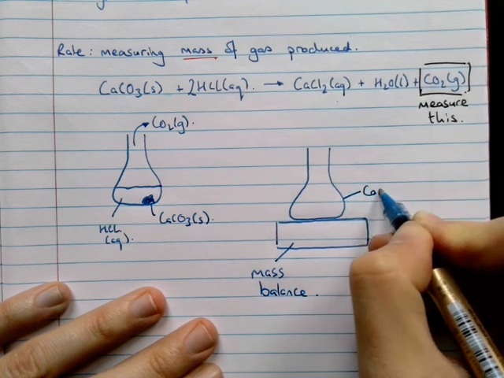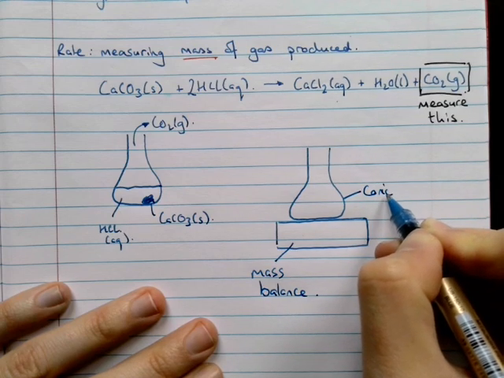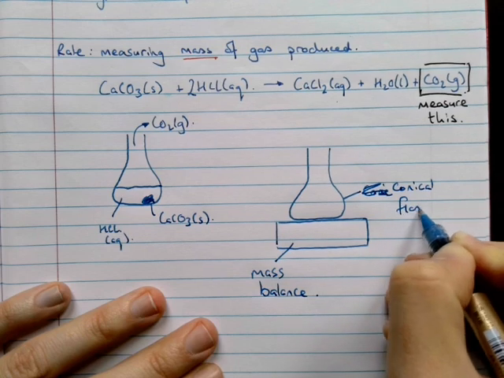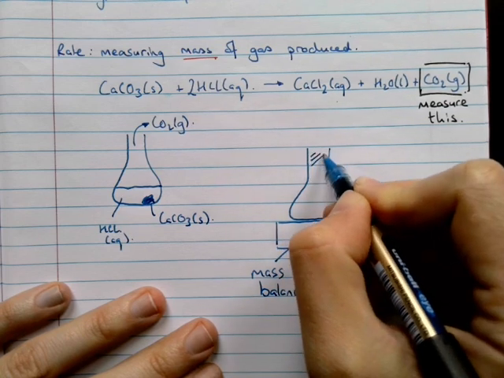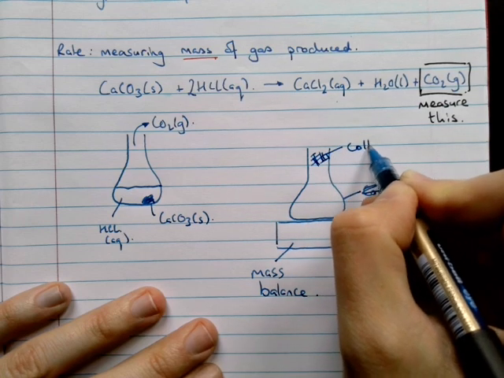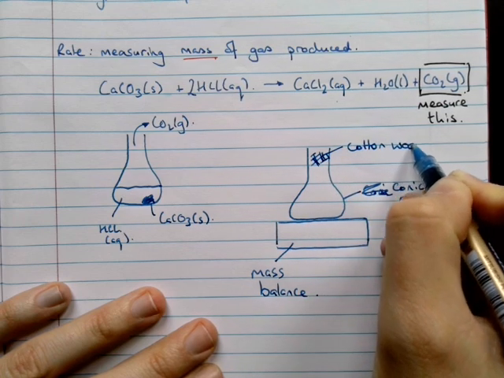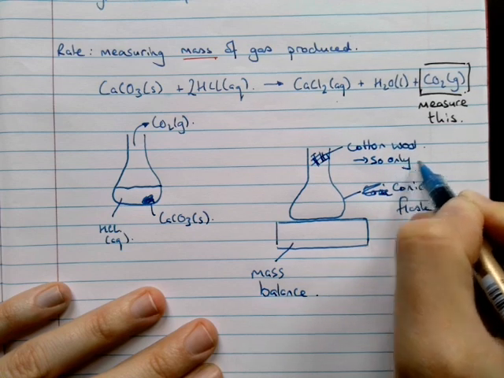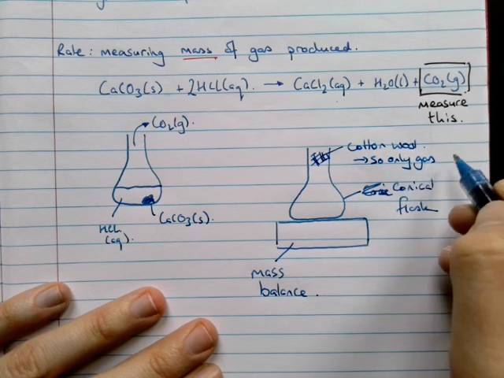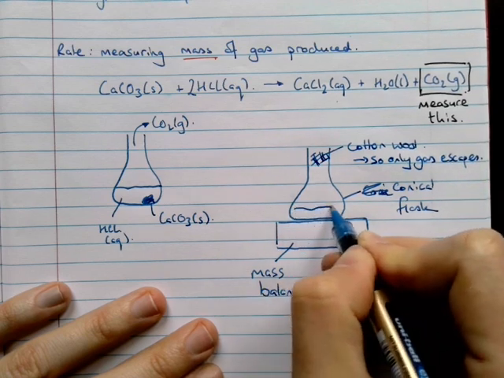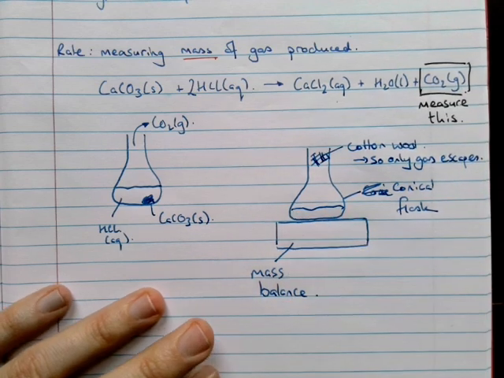This is a conical flask, and there will be some cotton wool, so only gas escapes. And then that's my reaction in there.